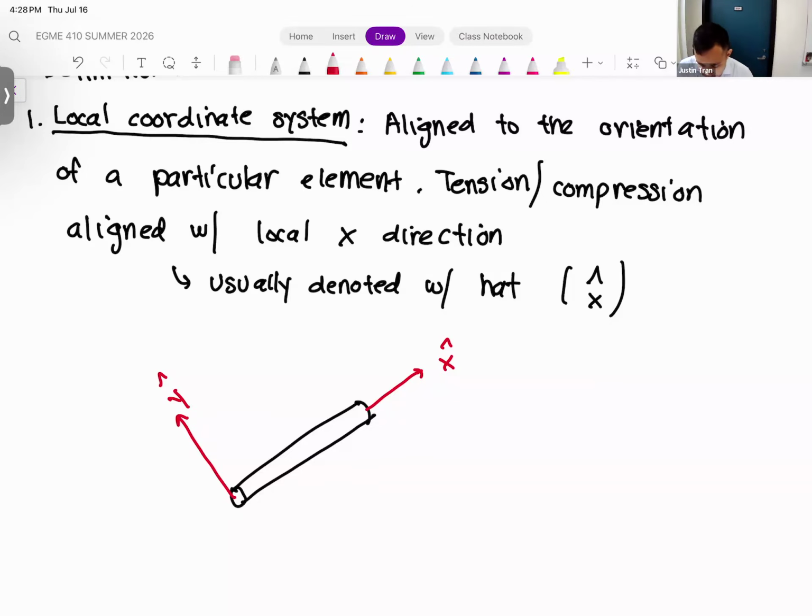Okay. In fact, one thing we can actually do, if we draw a horizontal line like that, we can define an angle theta, which is the amount that we need to rotate in order to get up to that local coordinate system.